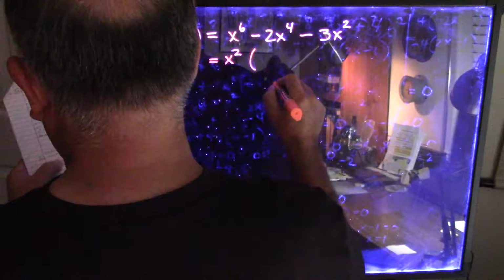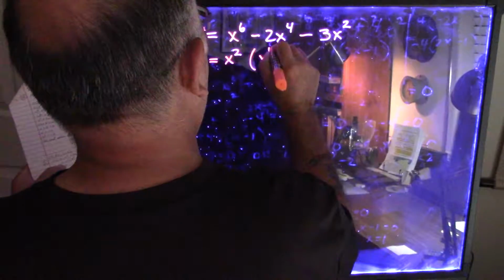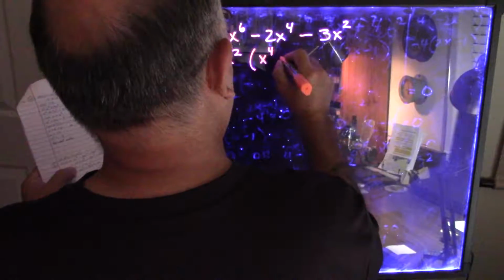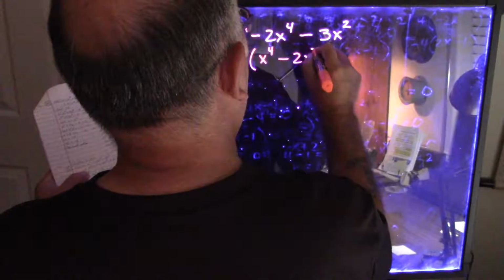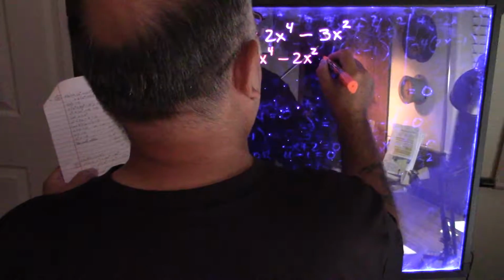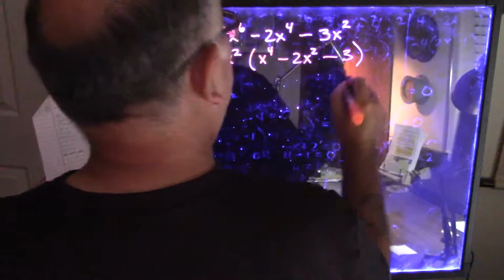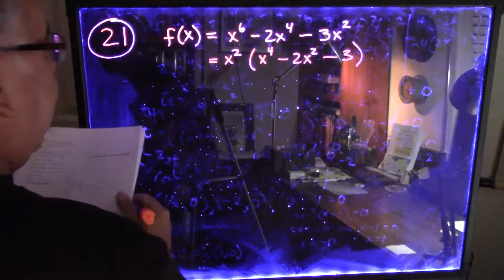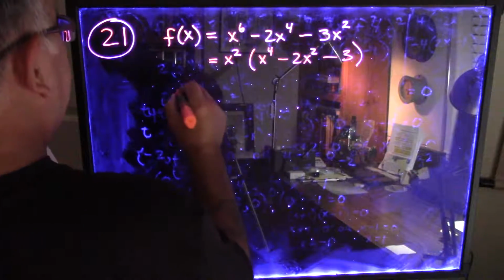That leaves x to the fourth minus 2x squared minus 3. Alright, set that equal to 0.